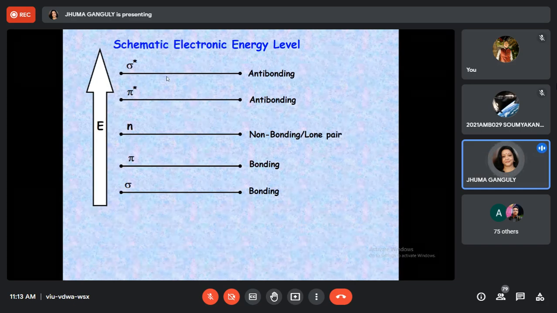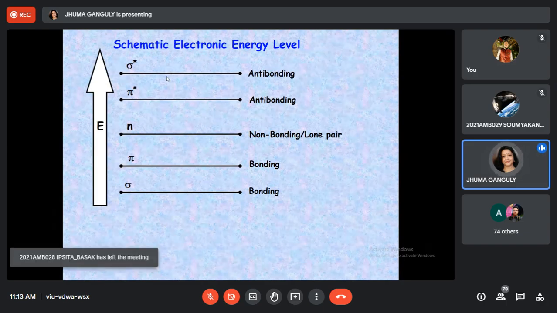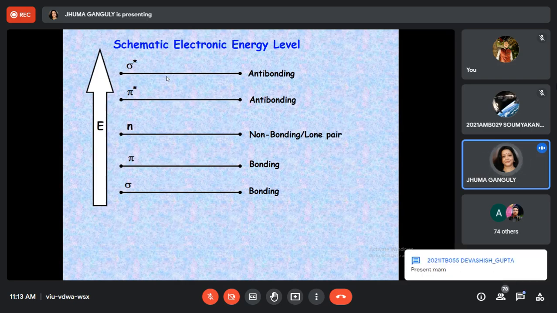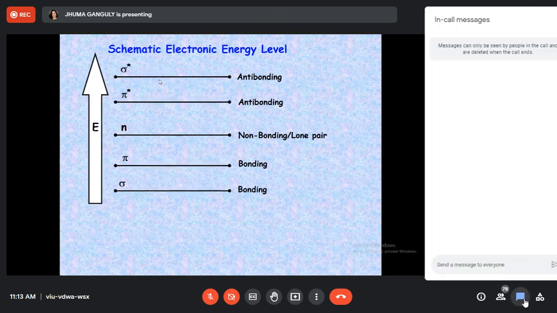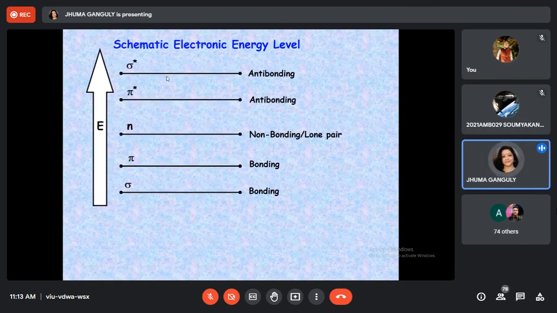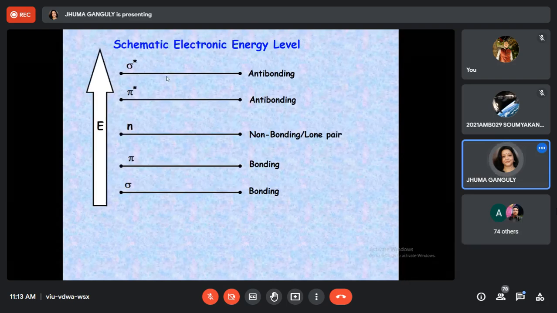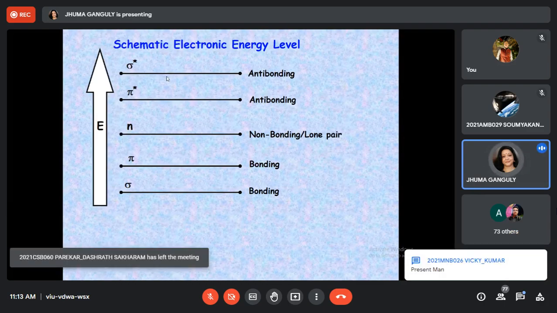So sigma to sigma star is actually possible because the symmetry allows the transition, but if it happens, no molecule is there. If the basic bonding, that is sigma, is not there, the molecule does not exist. I can see the comments, okay, so later on maybe I will skip. Another point, sigma to sigma star: the energy is equal to the dissociation energy.